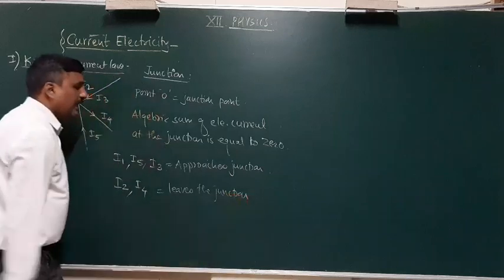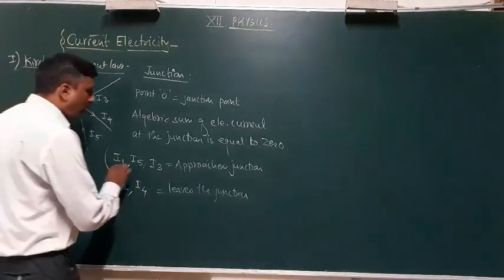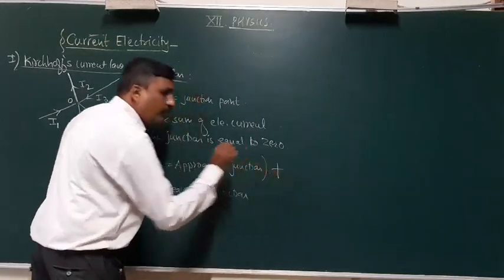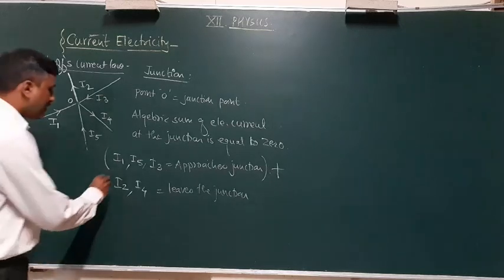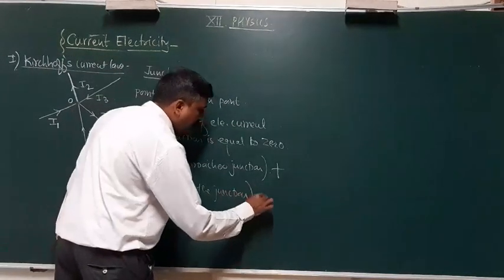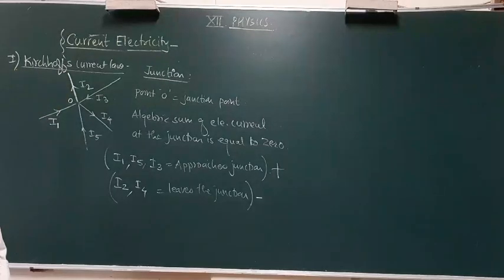Now, as per Kirchhoff's sign convention, the currents which approach the junction are treated as positive. Therefore, all of these are treated as positive. And the currents which leave the junction are treated as negative. So my equation becomes very simple.